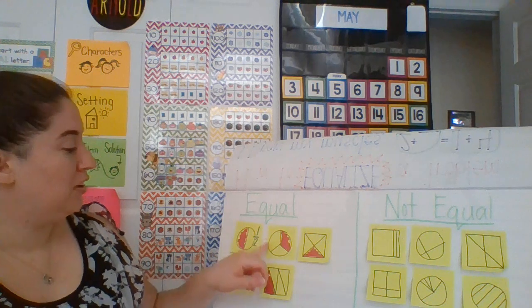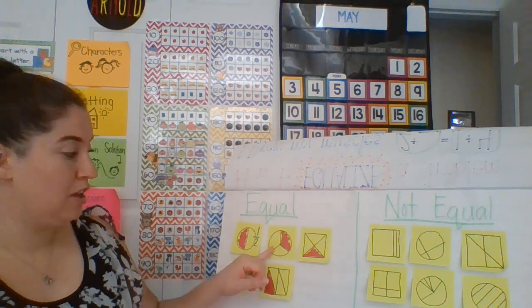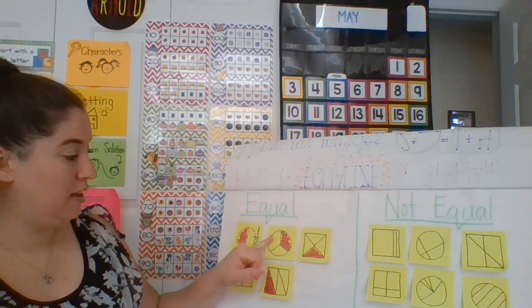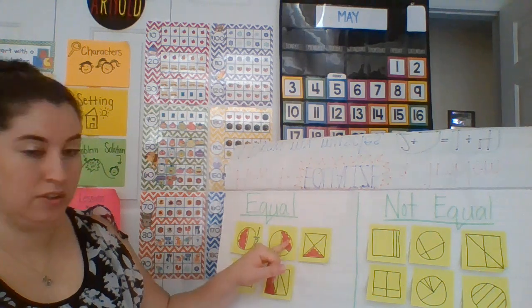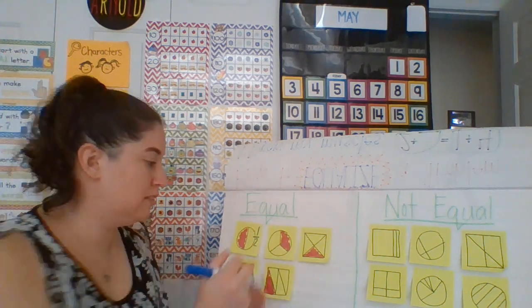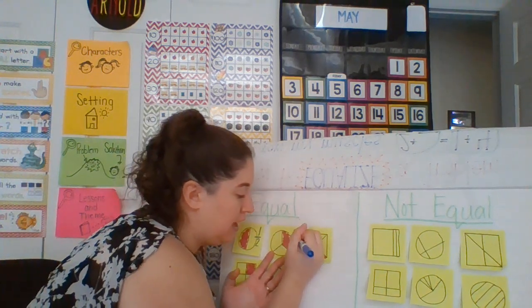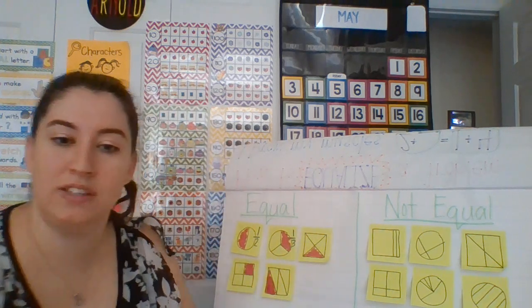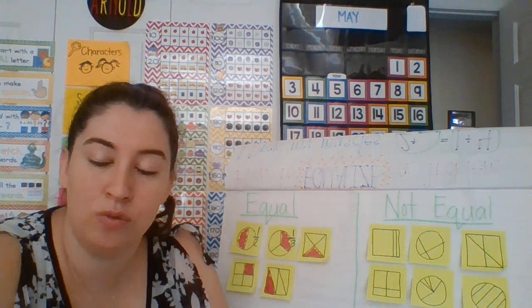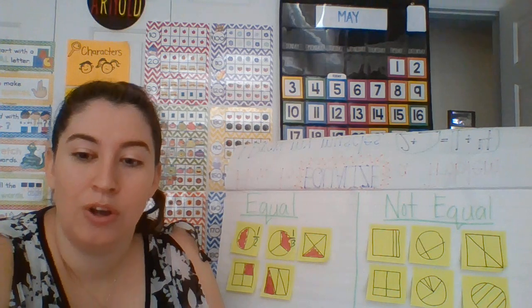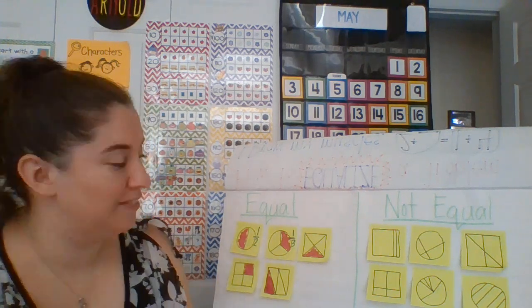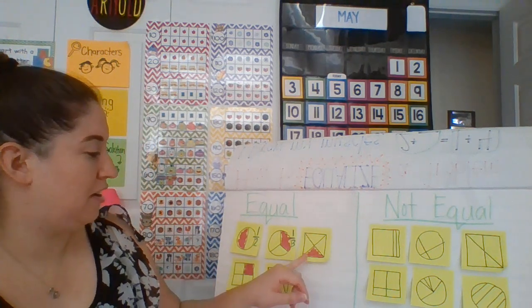Very good. Okay, our next one here. We have 1 out of 1, 2, 3 pieces. 1 out of 3. What's the word for 1 out of 3? 1/3. Very good.